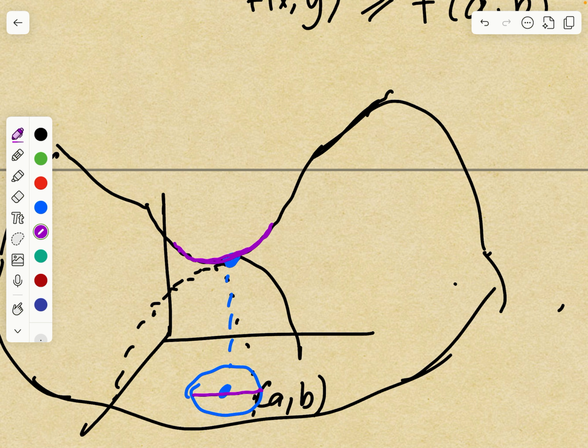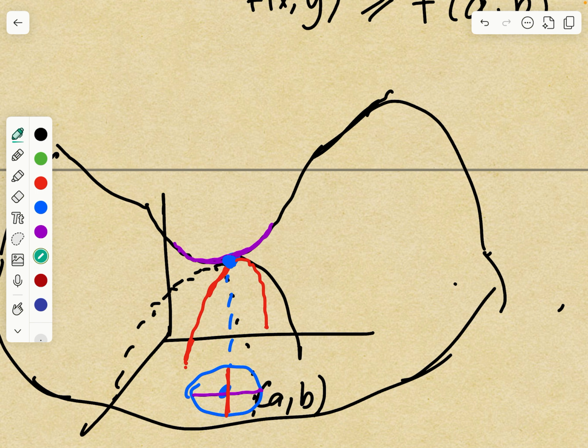But if you look at the x and y's that are along here, the z values might look like this, and those z values are smaller than the value of the function at a comma b. So your function's neither a local max nor a local min, but this is a critical point.